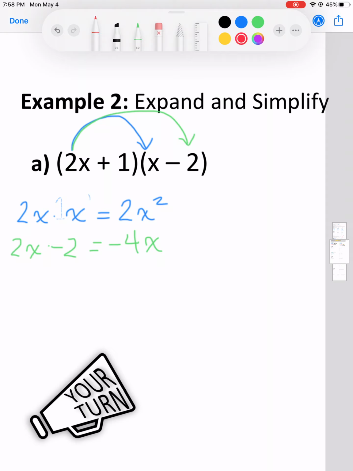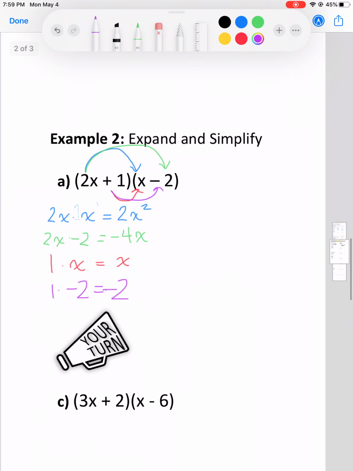And then I think the next color was red. 1 times x is just x. And 1 times negative 2. Oops, wrong color. I get too excited and I just want to keep writing. 1 times negative 2 is negative 2, because anything times positive 1 is the exact same.